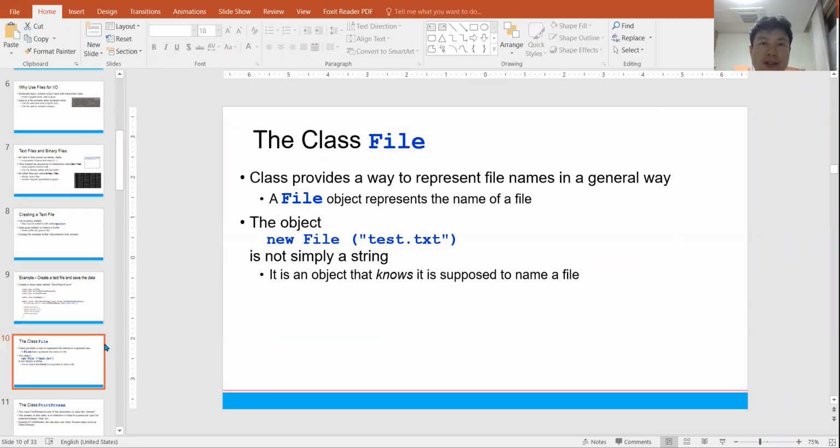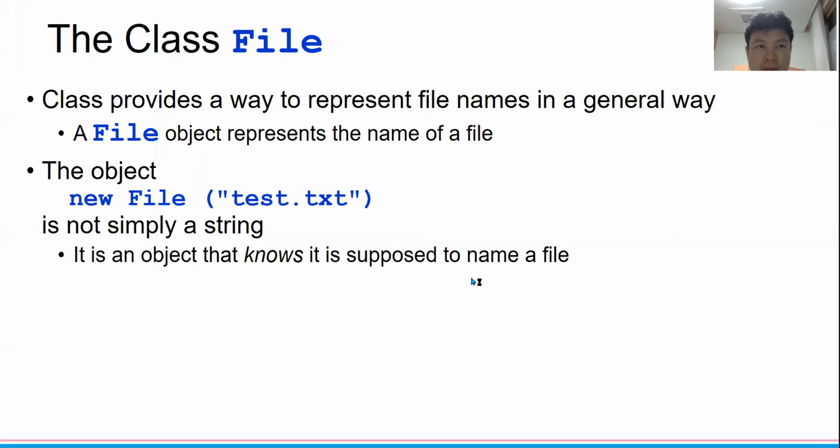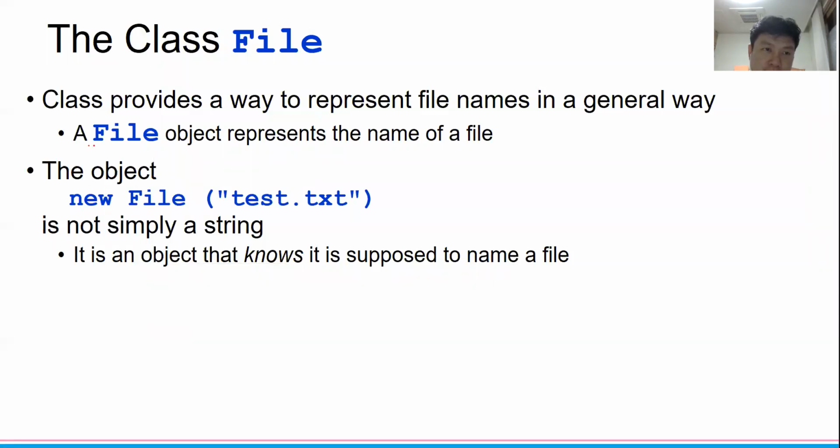The class File is related to representing the file name. When you have a file, you need to use the File class object in order to represent the name of a file.